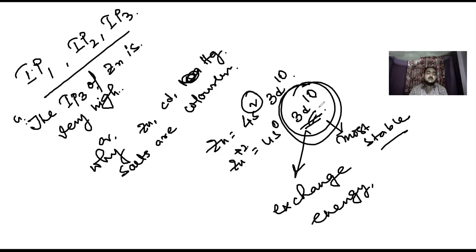In the +2 oxidation state the d orbitals are completely filled, so there is no unpaired electron and no d-d transition, because only unpaired electrons can undergo d-d transition. That's why it is diamagnetic as well as colorless. Most zinc salts are actually colorless in nature. So zinc, cadmium and mercury salts are generally colorless due to the presence of completely filled d orbitals.